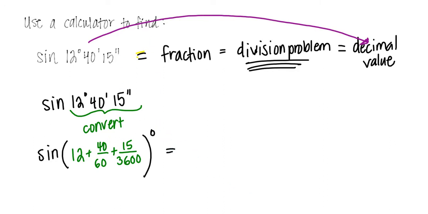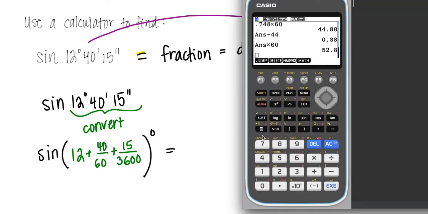So in my calculator, I'm going to have 12 plus, and then I can use my fraction bar, 40 over 60, and then I can use my fraction bar again, plus 15 over 3600.